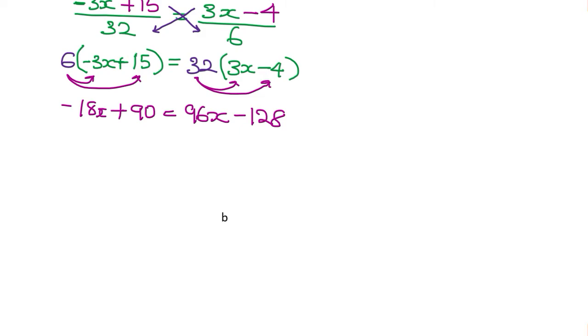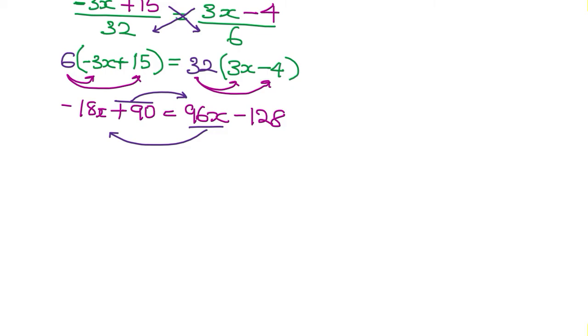Our next step is to collect like terms, which goes alongside what we know as our inverse operation. So once we have that, this is going to be moved over to the left side of the equal sign, while positive 90 will move over to the right side of the equal sign.